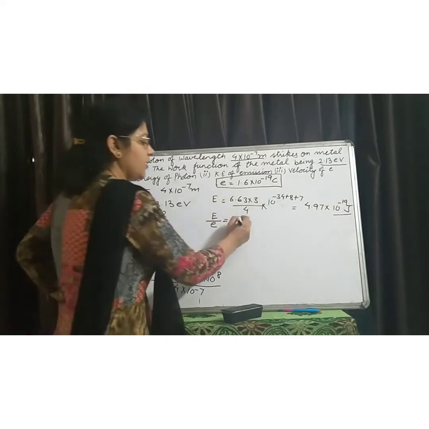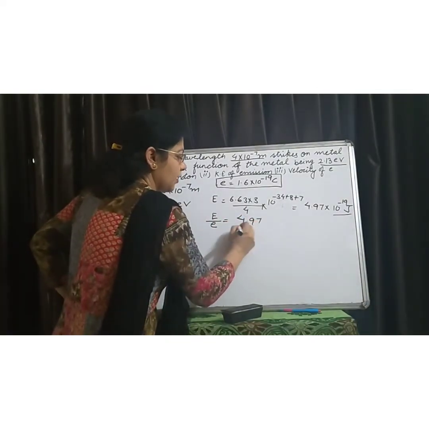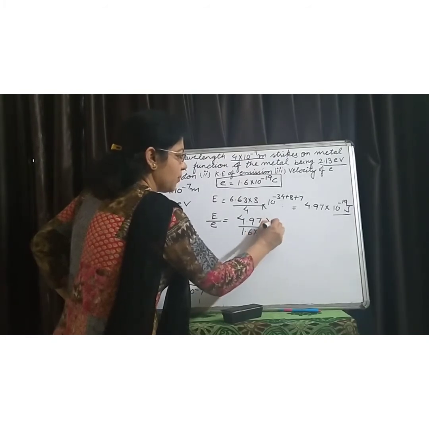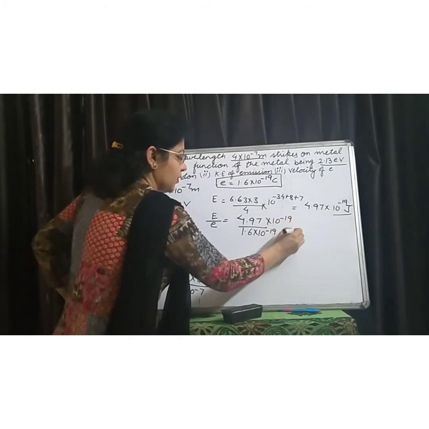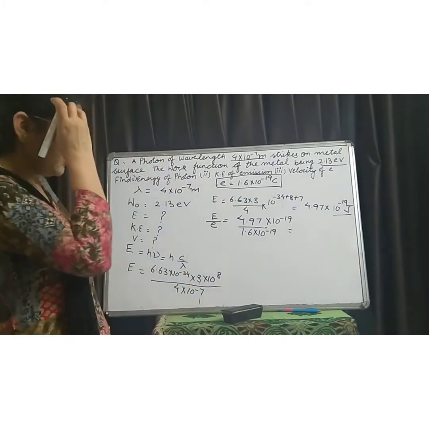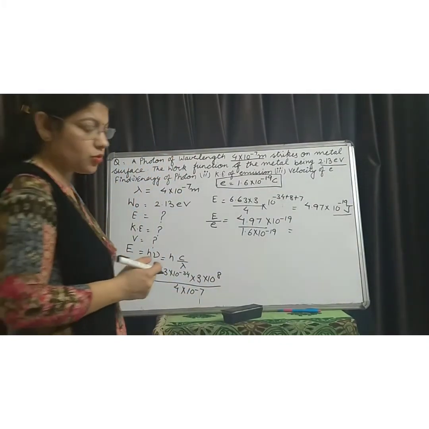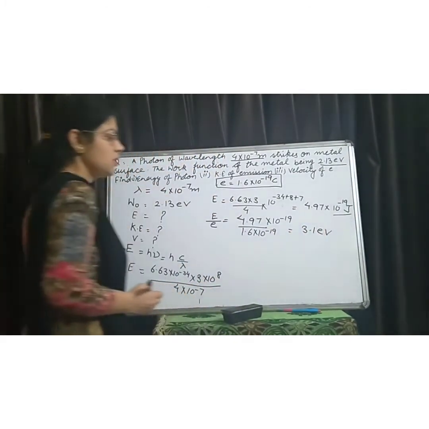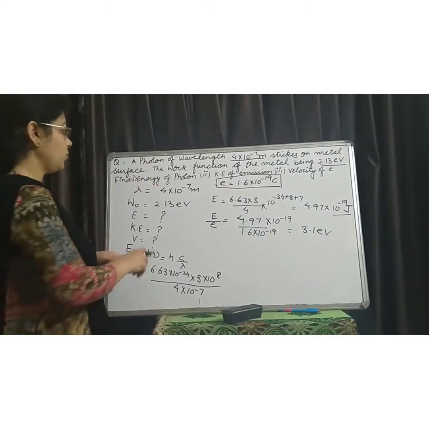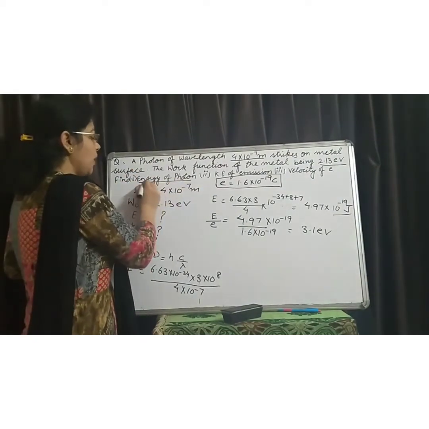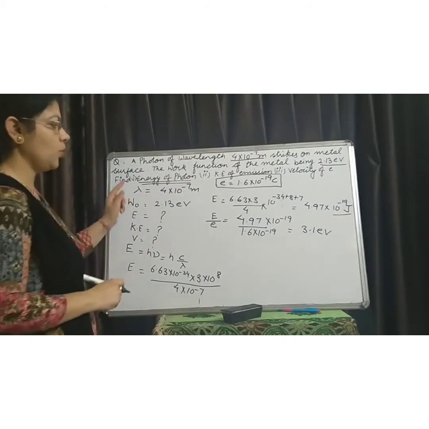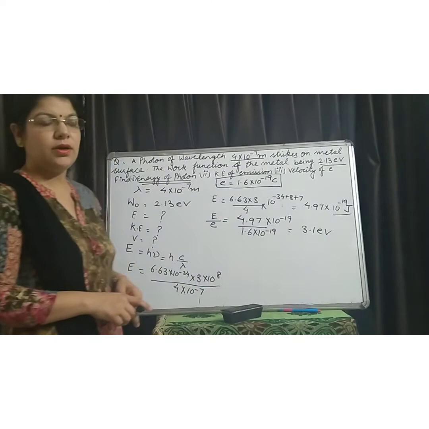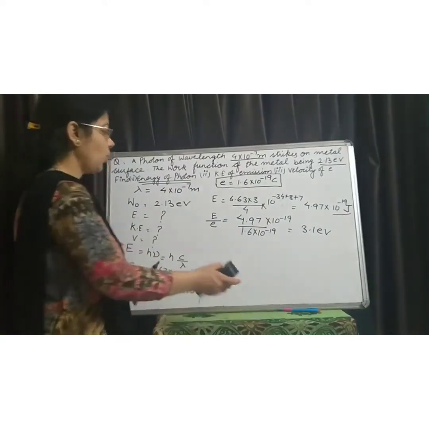So we divide this energy by the charge on the electron, that is 1.6 × 10^-19. When you solve this, you find the energy is 3.1 electron volt. So the energy of the photon that strikes the metal surface is 3.1 electron volt.